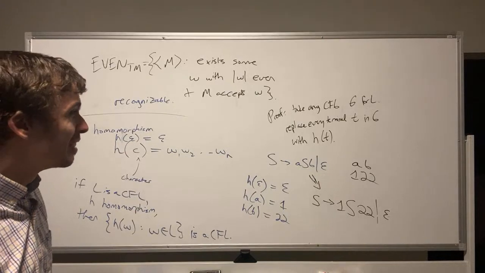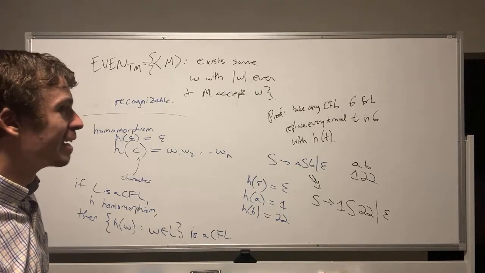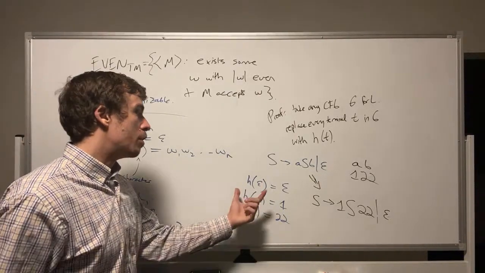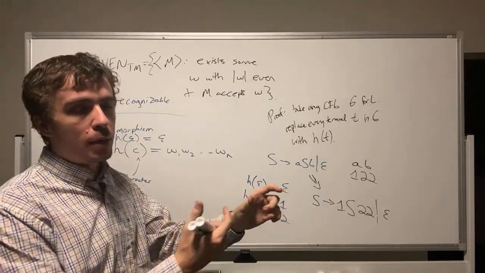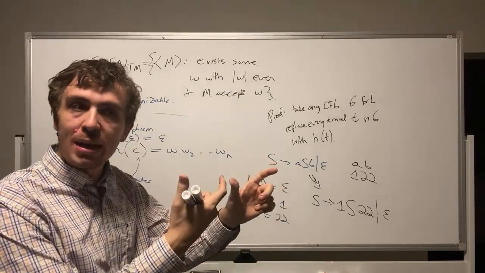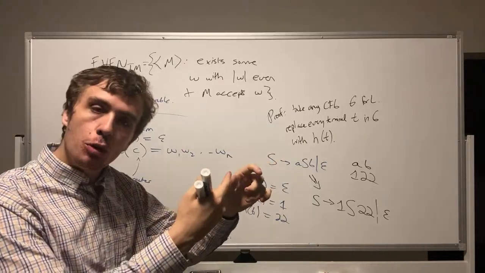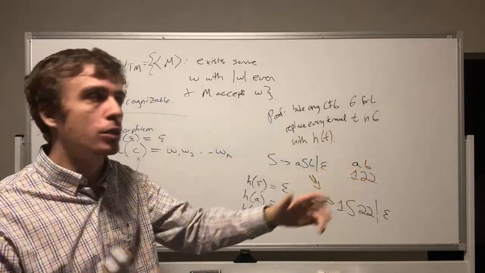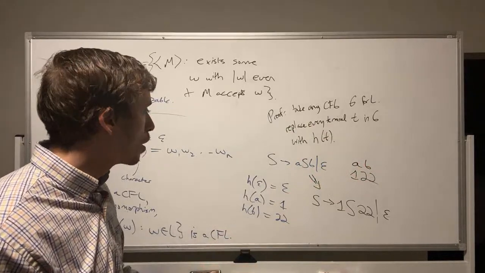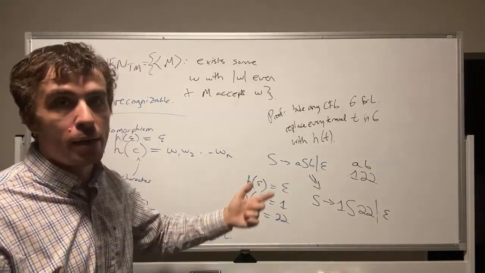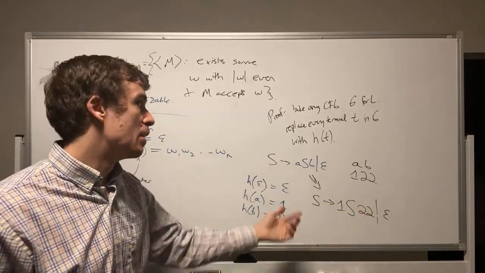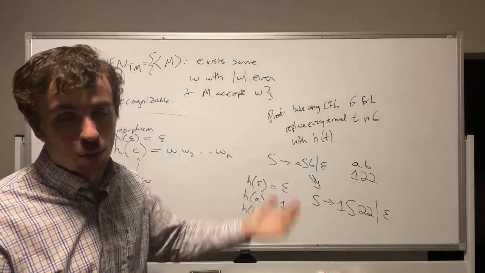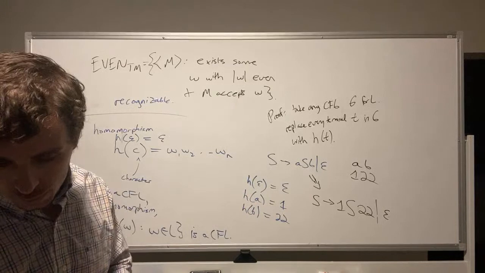It didn't make sense to me when I was writing it. The rules of a homomorphism are that you can decompose any string that you want to apply h to into the individual characters. And in order to get that to work, you need h of epsilon to not do anything to the result. And the only way you can do that is with the empty string.